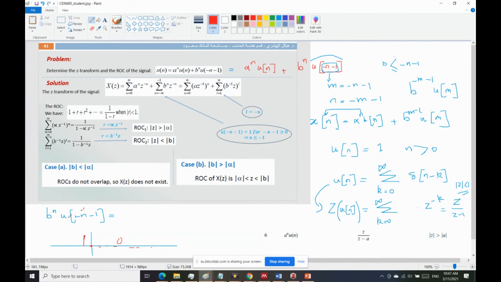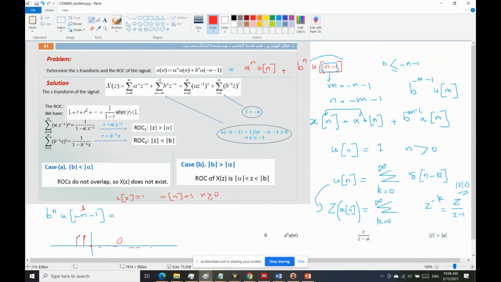It becomes 1 because u of 0 is 1. You know, u of 0 is 1. In fact, u of any value n is equal to 1 if n is 0 or above. So u of 0 is 1, u of 1 is 1, and so on. So when we put n equal to minus 1 here, we get 0, so it gives 1. When we put minus 2, it becomes minus 2 minus 1, which is plus 2 minus 1, so u of 1, which is also 1, and so on.